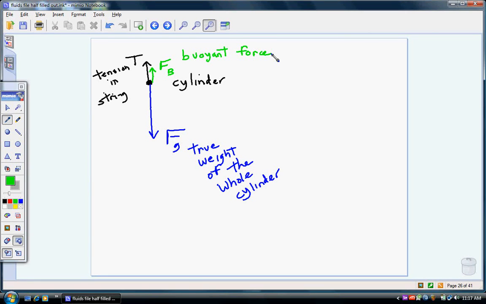And again, our question is, what is this tension force?